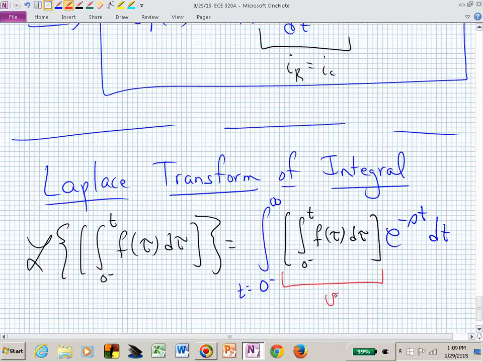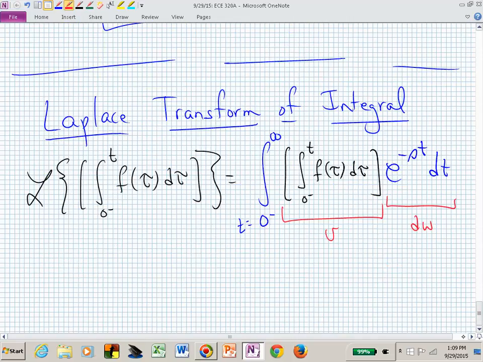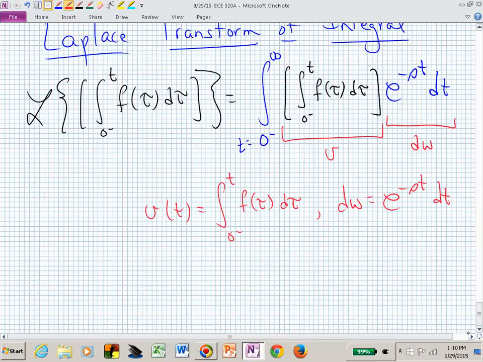Let's say that's our v, and this is now our dw, using our formula, so that now v of t is this integral from 0 minus to t, f of tau d tau. dw is e to the minus st dt.